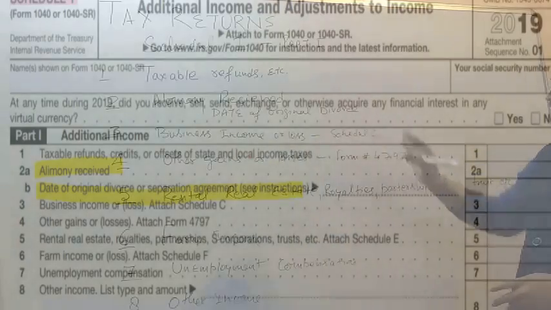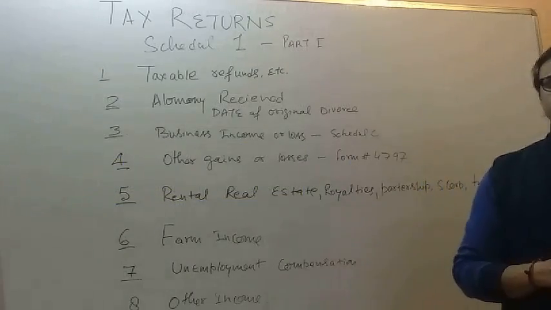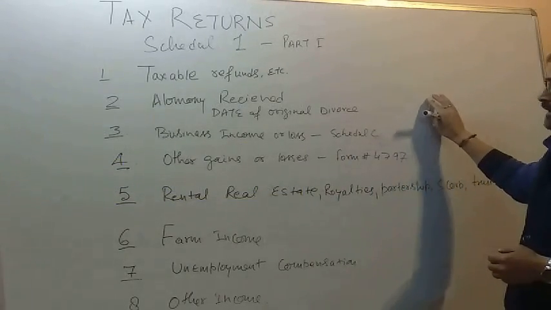Now the next is alimony. If any borrower has received alimony support, alimony income, that will be written on line number 2, right? And the date of the original divorce or agreement, when that document was executed, needs to be written here.